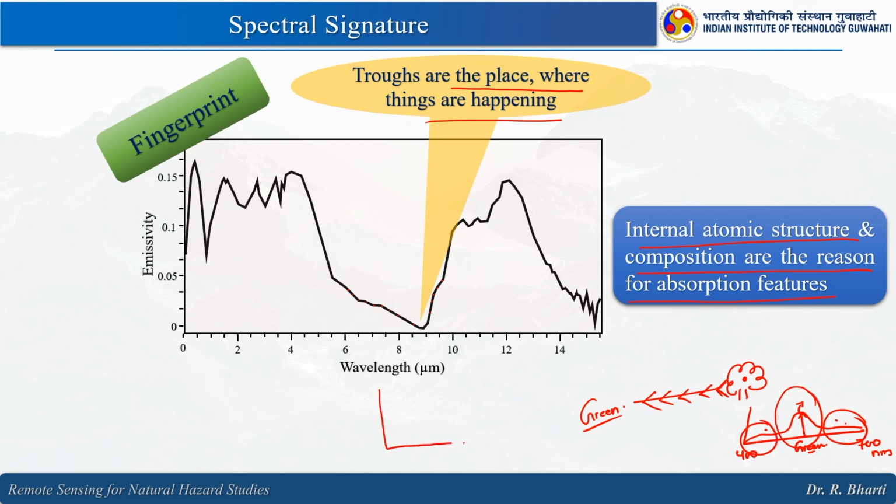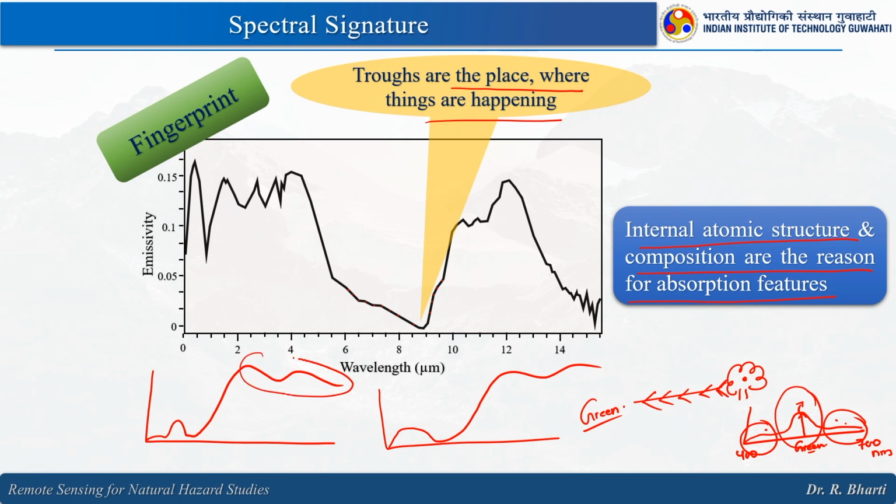And further, if we see the spectra of vegetation, here it is green, red, and then in NIR you have this kind of spectral signature. This is comparatively high, but since we are not able to see this particular region, it appears green to us.